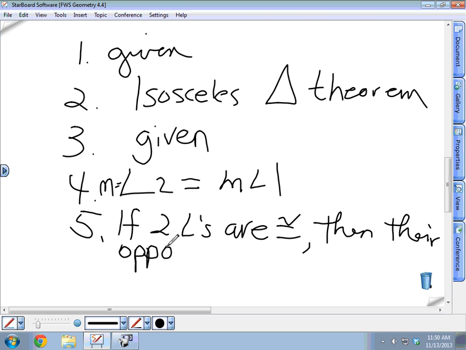You want to say if two angles are congruent, then their opposite sides are congruent. That was our second theorem? Could we just put the isosceles theorem? No, that's not the same. The isosceles theorem says that if you have two sides that are the same, the opposite angles are equal. This says if you have two angles that are congruent, then their opposite sides are. So it's the opposite, okay?